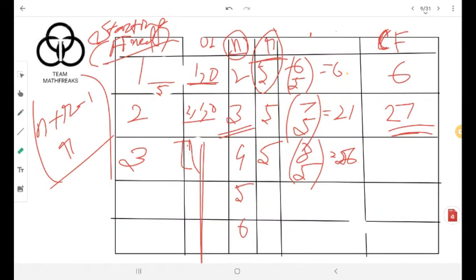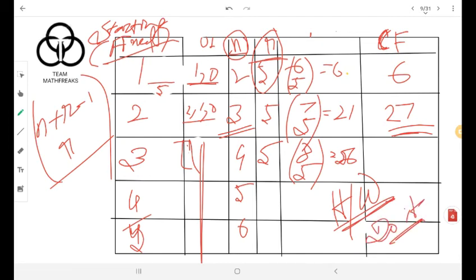In a similar fashion, we need to fill these empty spaces. That would be our task. Let's do it. Fill up the blanks. Tell me the cumulative frequency for 5.